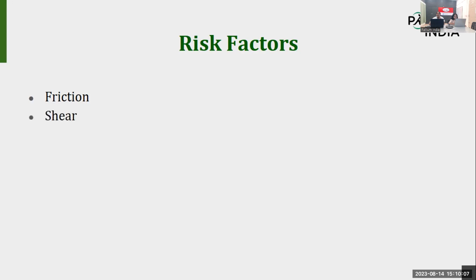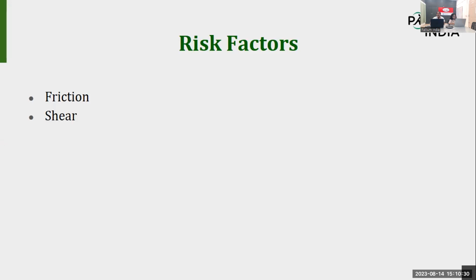And also shear, mainly because obese patients are more prone to the risk of getting this pressure ulcer, right? These are all interrelated, friction, shear and all. When we change the position of the patient, even an obese patient, the rubbing will lead to skin breakdown, right?